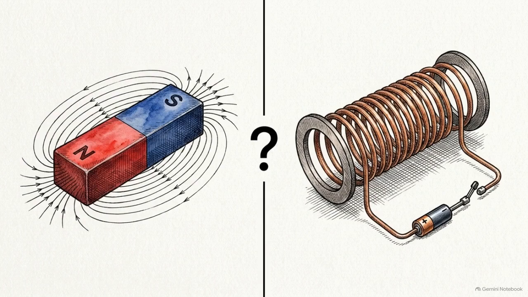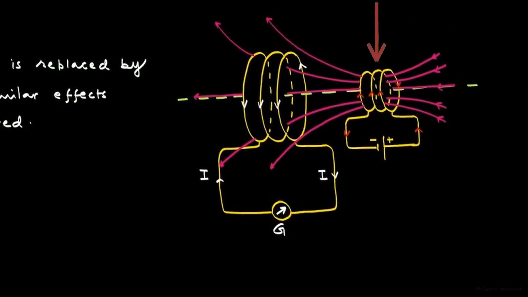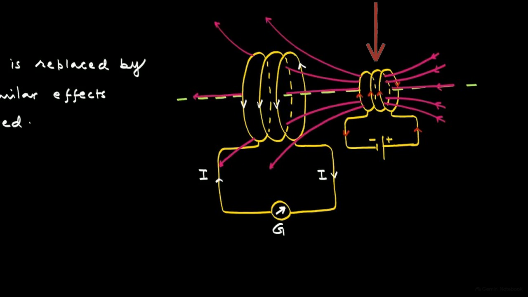The next logical step is to isolate the variables. Is this current generation tied specifically to ferromagnetic materials, like a solid bar magnet? This schematic for Experiment 2 details a modified setup that removes the permanent magnet entirely. Instead, a primary coil connected to a battery generates the magnetic field, effectively functioning as an electromagnet. To test this, the powered primary coil is physically translated toward the stationary secondary coil.